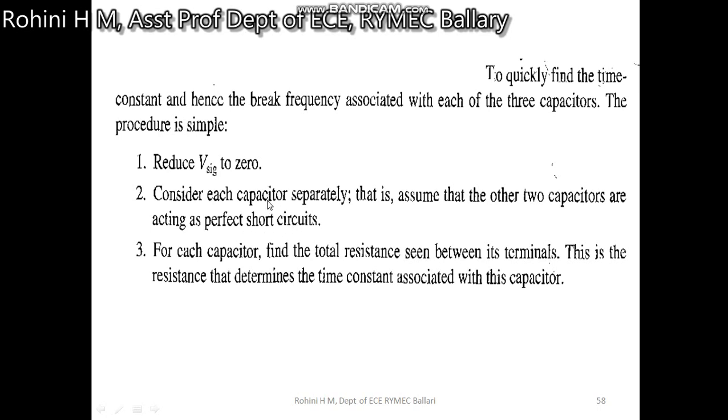When we are considering one particular capacitance, the other two are treated as short circuits. For each capacitor, find the total resistance seen between its terminals. This resistance determines the time constant associated with this capacitor. So these are the steps to be followed in order to find the values.